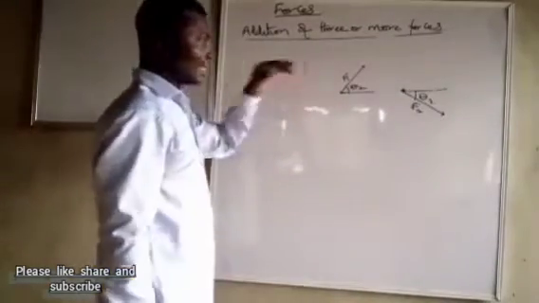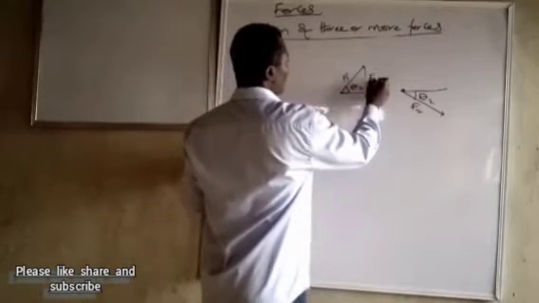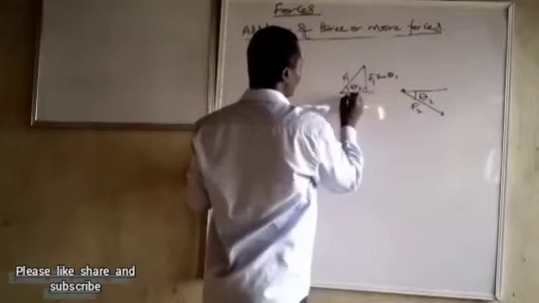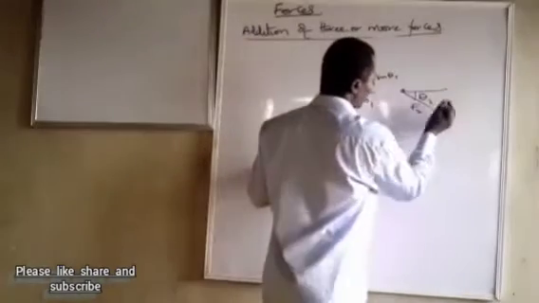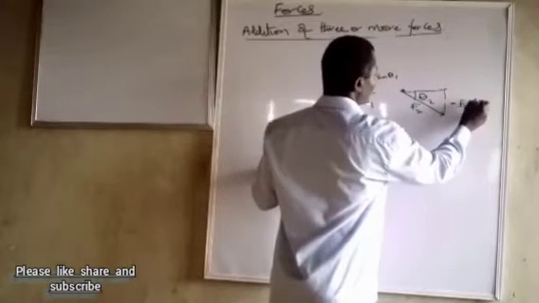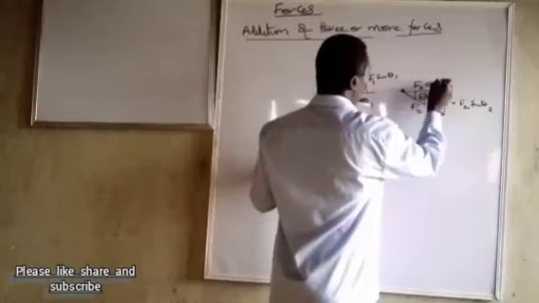Now, let's resolve these forces. It will be like this. F1 has F1 sin theta 1 and F1 cos theta 1. If you look at this F2 now, you have minus F2 sin theta 2, and this one here is F2 cos theta 2.